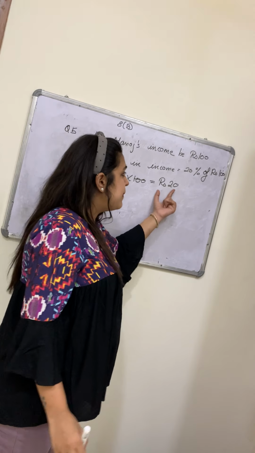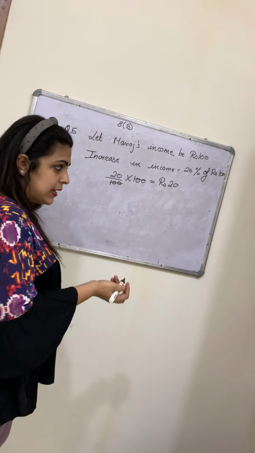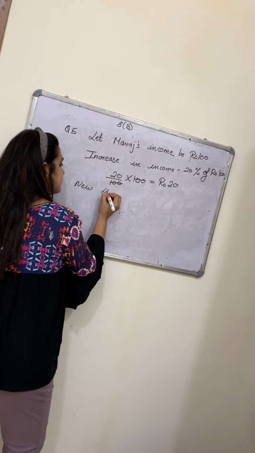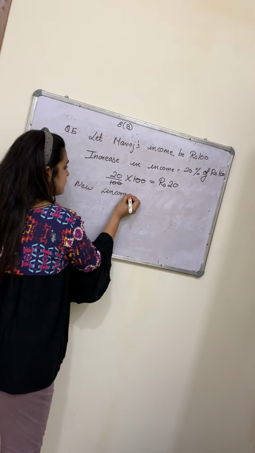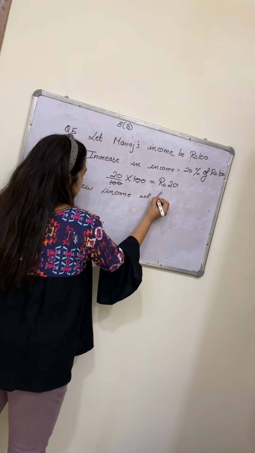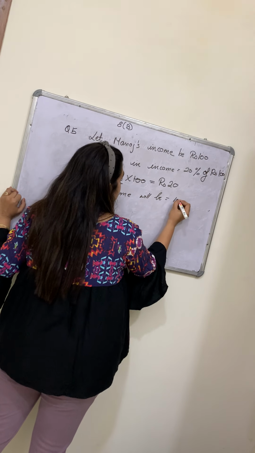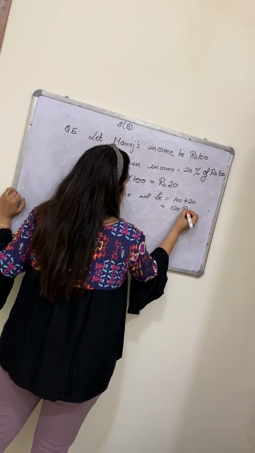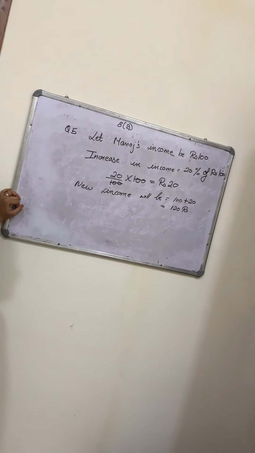That means उसकी income में 20 rupees increase हुए. So the new income will be 100 plus 20, that is 120 rupees. This is your new income.